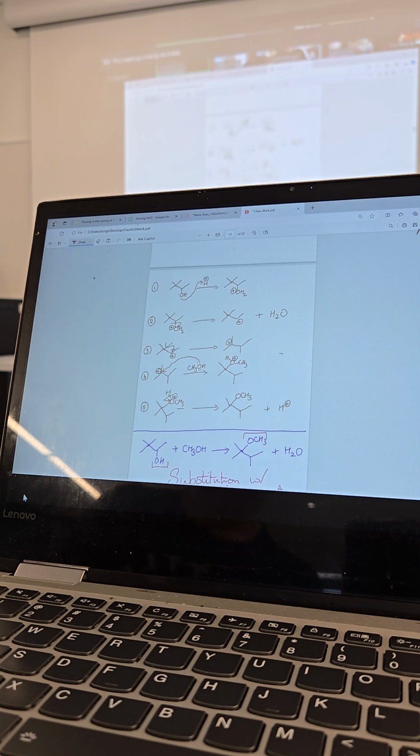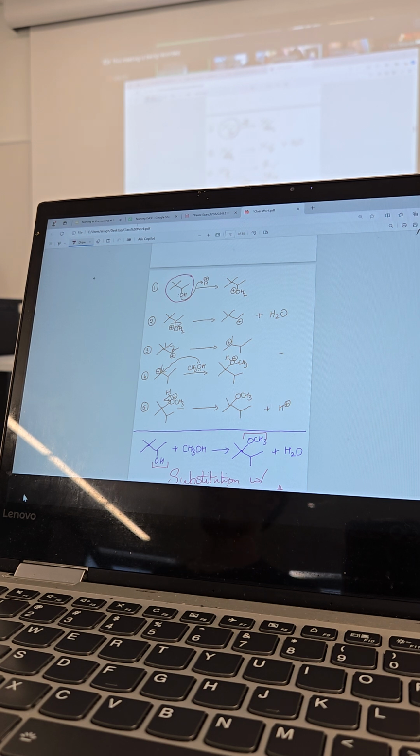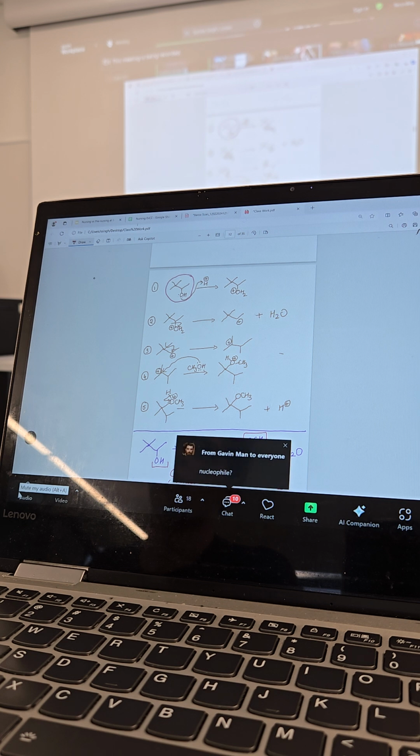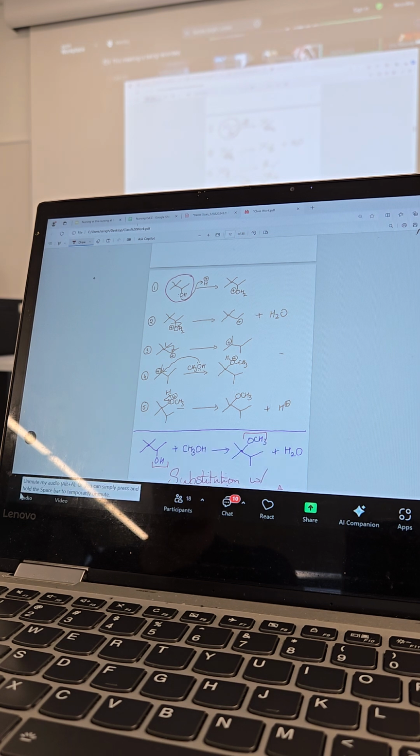What is the role of this compound? What is it behaving as? What would you label it as? In this reaction, what is its job? Is it a reactant? Good. Everybody agrees?